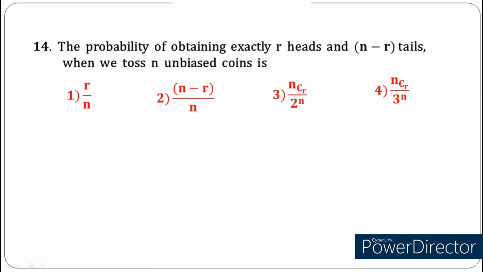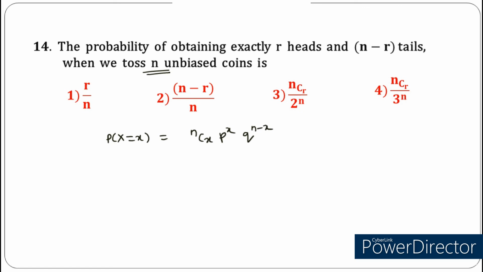Let's look into the 14th question. The probability of obtaining exactly R heads and N minus R tails when we toss N unbiased coins. See, this is based on binomial distribution. N number of coins are tossed, or one coin we can toss N times. So for that, probability of X equal to x is given by NCx p raised to x, q raised to n minus x.